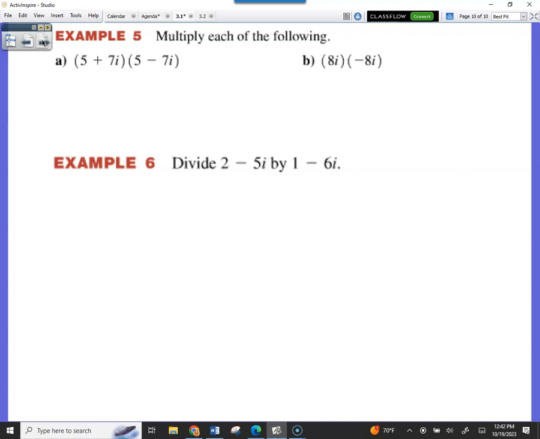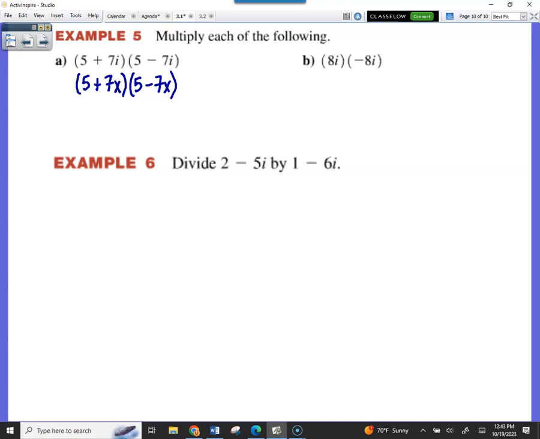Change the i to x, and what would it resemble that we've worked with before? All right, let me try it this way. Don't write this. I'm going to erase it. What's it look like? Yes, a difference of squares. There it is.